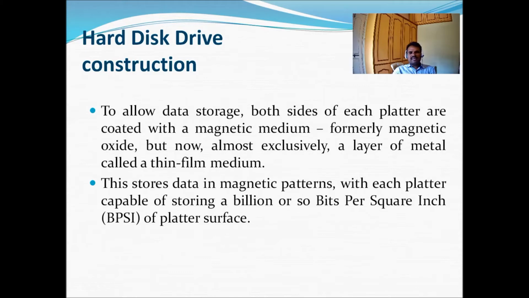This stores data in magnetic platters, with each platter capable of storing a billion or so bits per square inch of platter surface. We can measure it as a billion or so bits per square inch, BPSI we say.